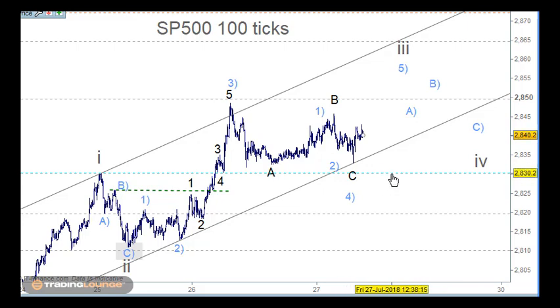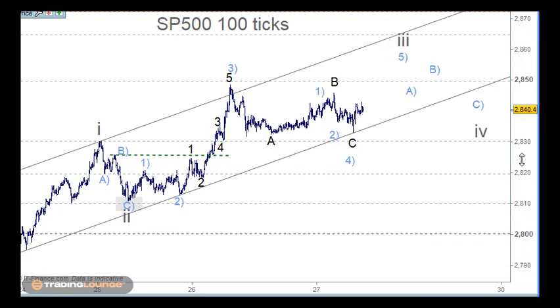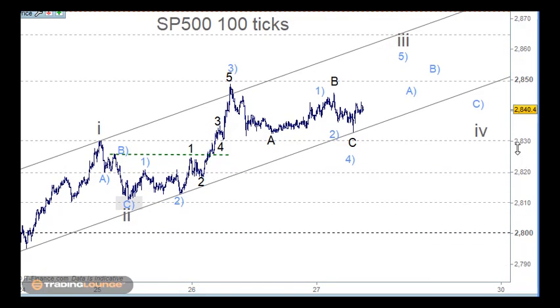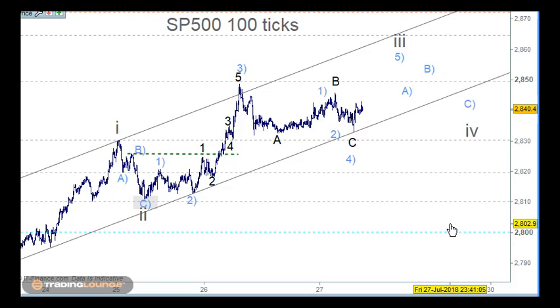That's the warning sign, and this is the confirmation, being locked under here, because if it gets locked under 2820, then the market orders in the market depth from the futures market and even in the stocks will pull it back into this number here, which would give us overlapping wave structures, and it would be over that.